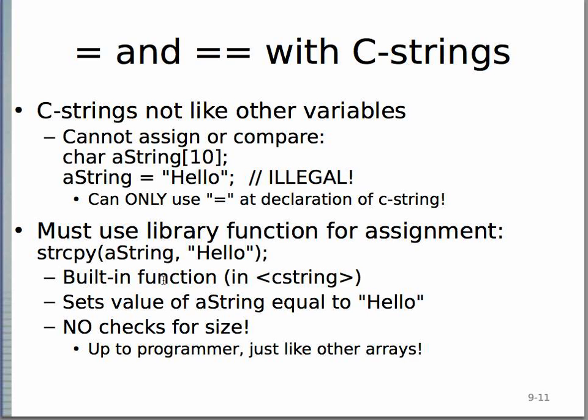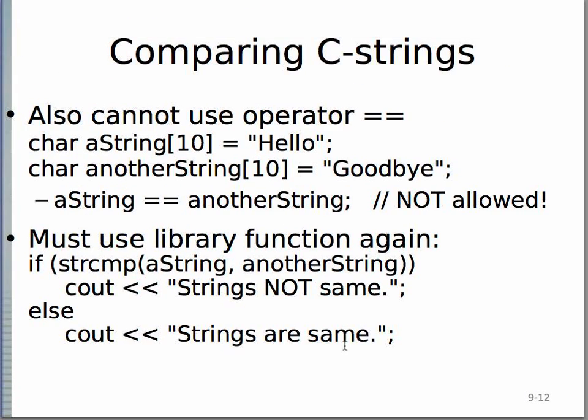And there's a whole bunch of these functions. We'll go through a few of them. We can use string copy to do what we tried to do here but couldn't. That is, assign this string hello to this string, and we as the programmer have to guarantee that there's enough memory. Okay, so in that way it's just like any other array.